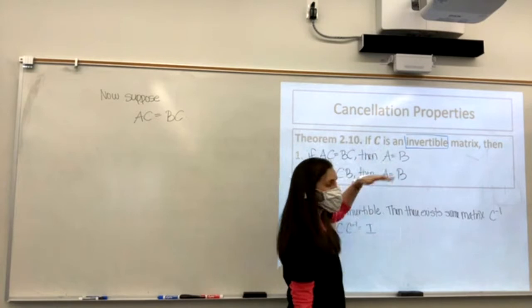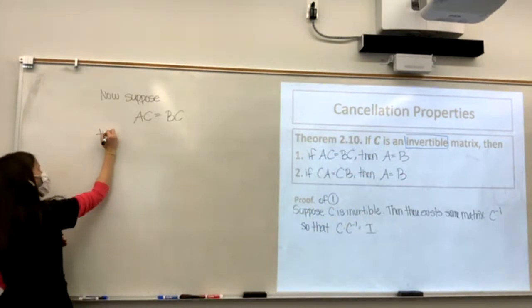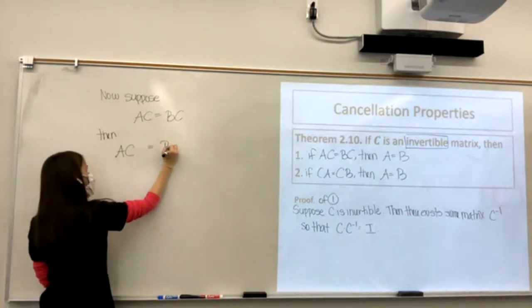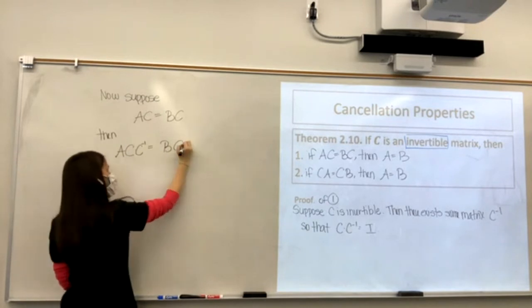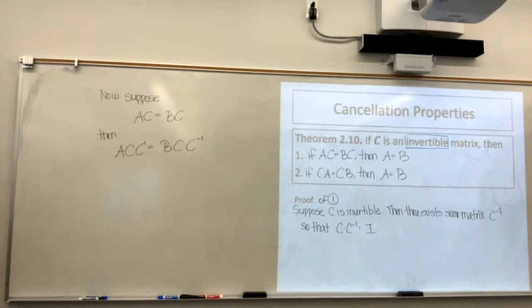We're going to try to argue that A has to equal B. So what we're going to do is, whatever you do to one side, you have to do the same thing to the other side. We're going to multiply on both sides of our equation by C inverse. We can only do this because we know that C inverse exists.